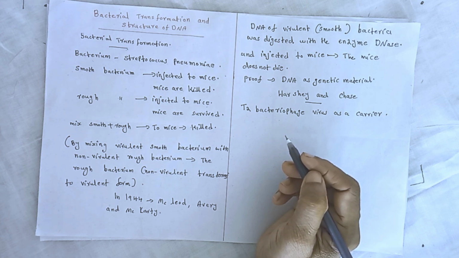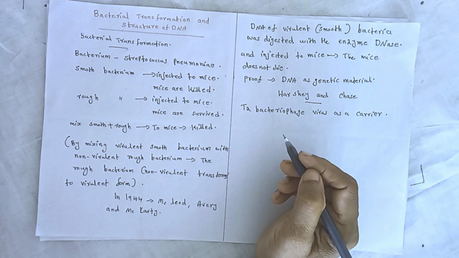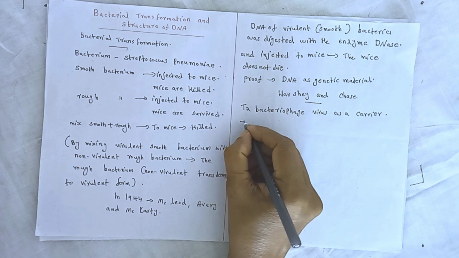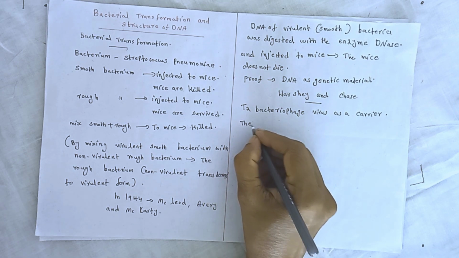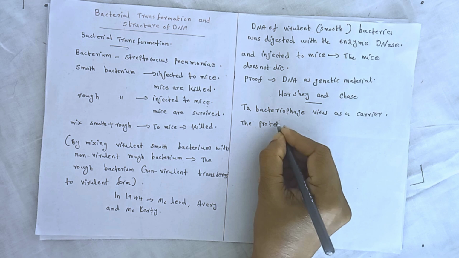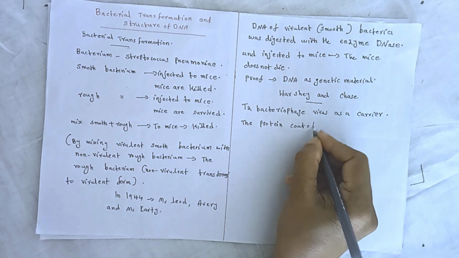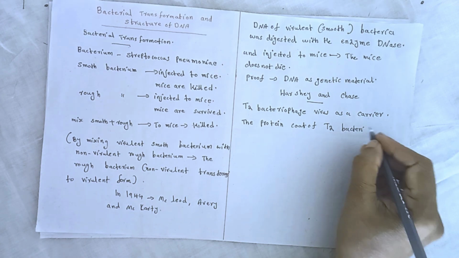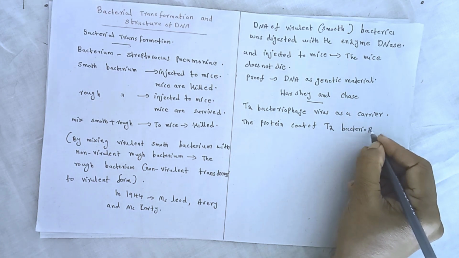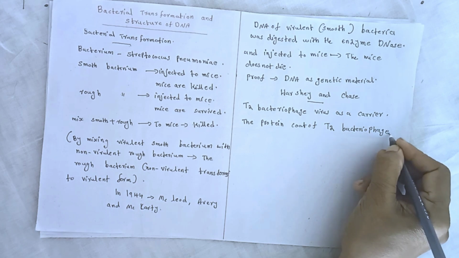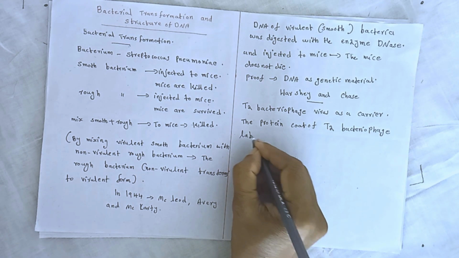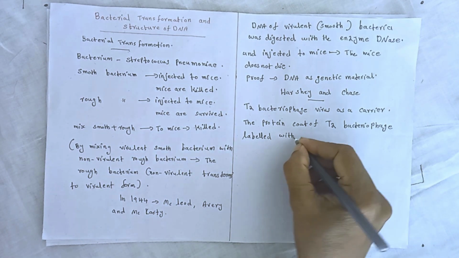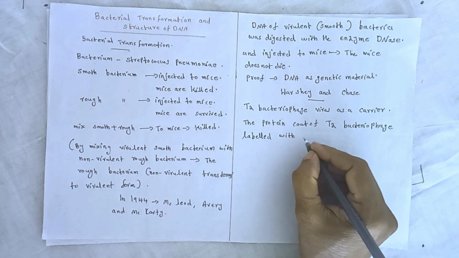The protein coat of T2 bacteriophage is labeled with a radioisotope of sulfur.